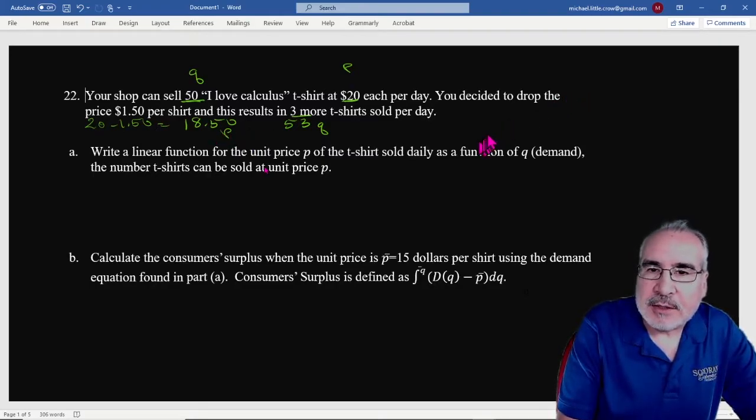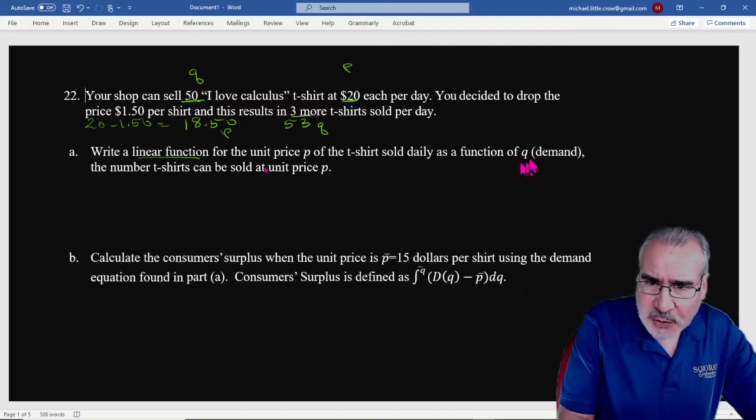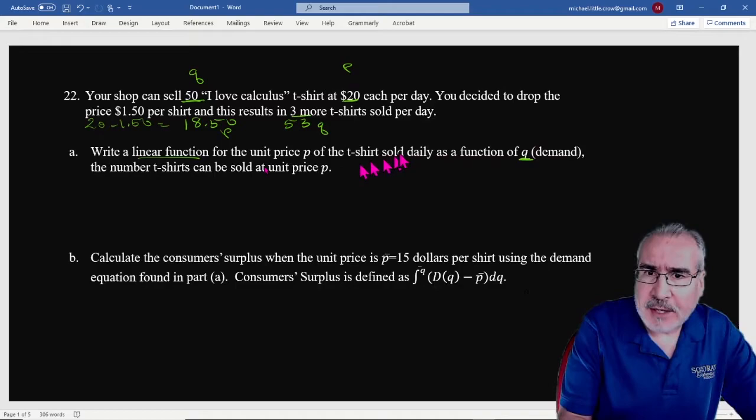Now what I'd like to do is, it's easiest to set up, okay, we've got to set up this linear function for the unit price P of the t-shirts sold daily as a function of Q, demand, the number of shirts that can be sold. So Q is our input, P is our output.